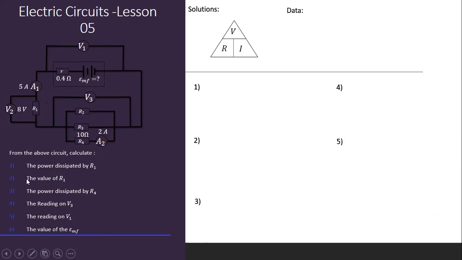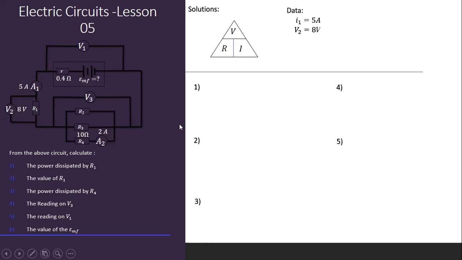So let's start with the first question, the power dissipated by R1. For us to calculate the power, we have 4 formulas that you can use, but we are going to choose one. Before we do that, let's write down our data first. Let's see all the information given to us and what is required from us. We have current I1, which passes through this resistor, measured by A1, and it's 5 amps.